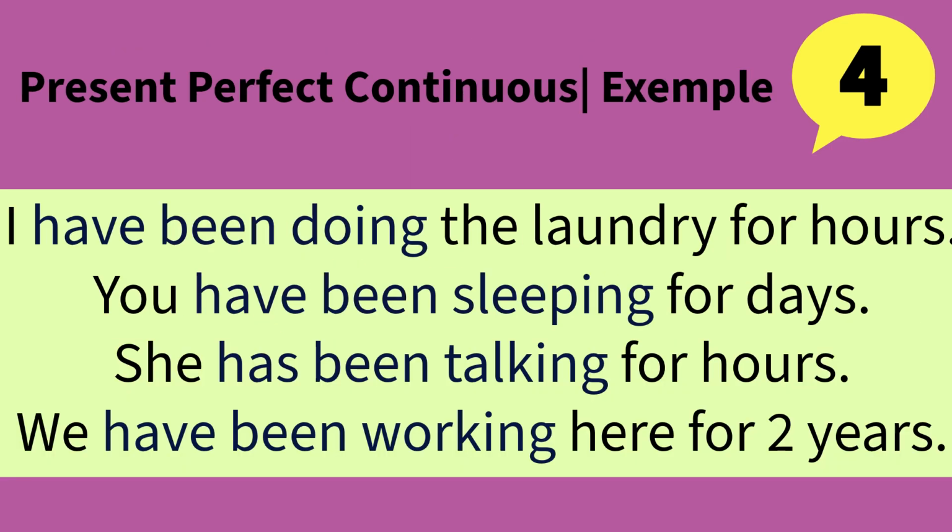Let's take a look at some examples. I have been doing the laundry for hours. You have been sleeping for days. She has been talking for hours. We have been working here for 2 years. And with all this, we have just concluded all 4 present tenses.